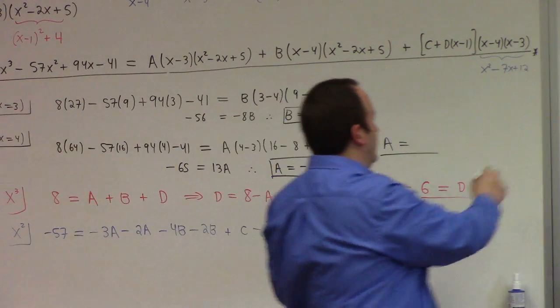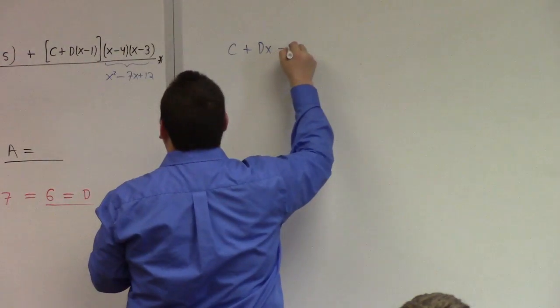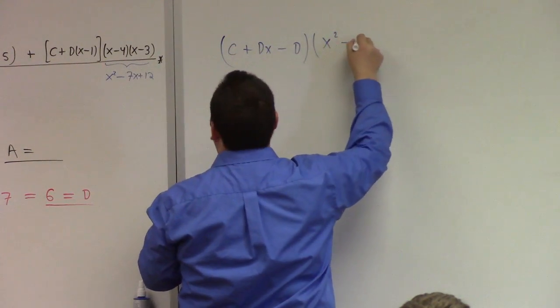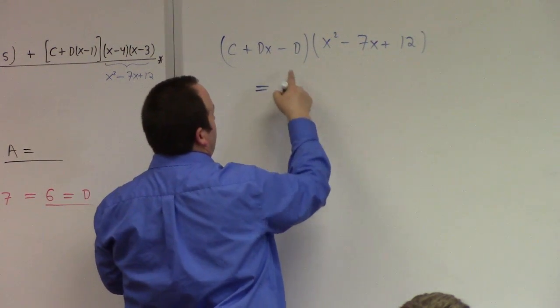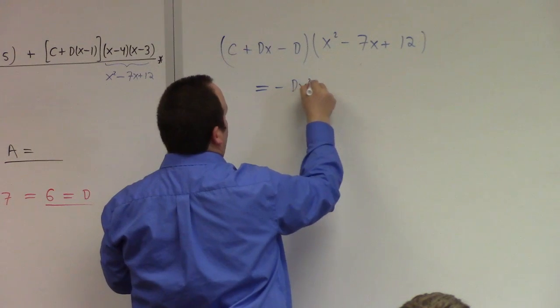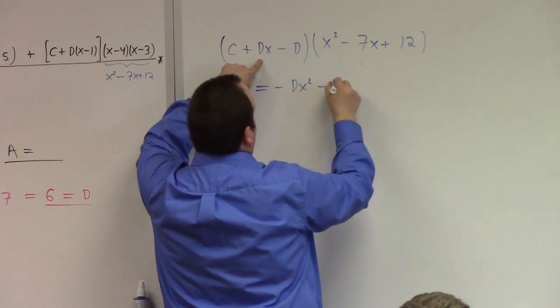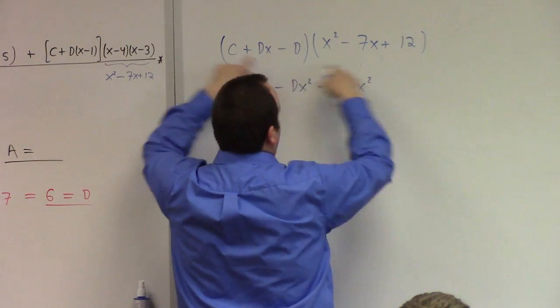Let me just multiply it out since we're having trouble seeing it. C plus dx minus d times x squared minus 7x plus 12, right? What's that equal? Let's just keep x squared terms. We get minus dx squared, right? This times that, and what else? Minus 7dx squared. Is there any other way to get an x squared from these sorts of things?